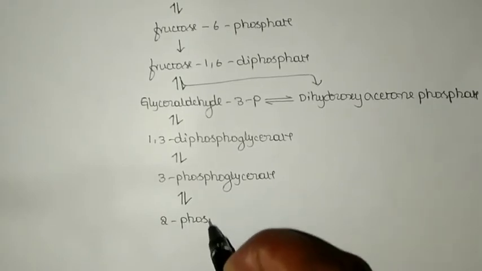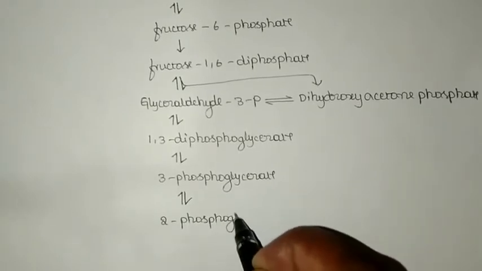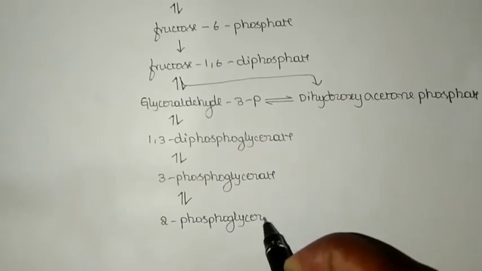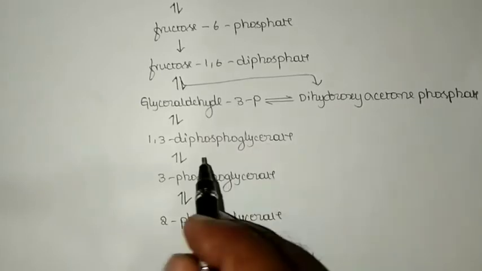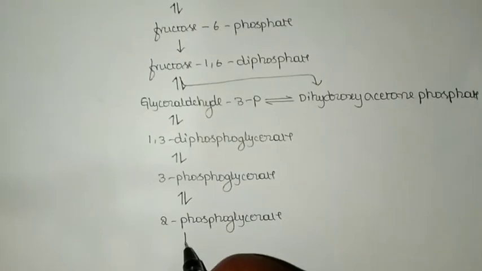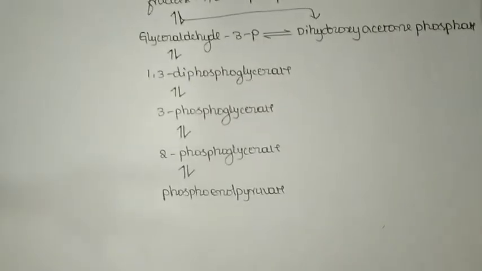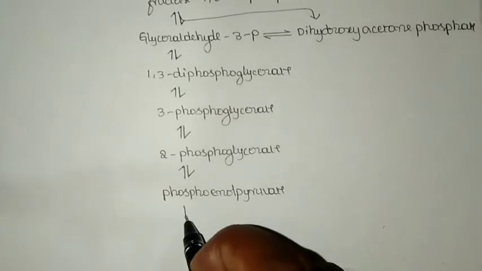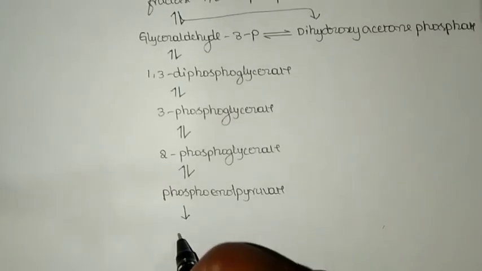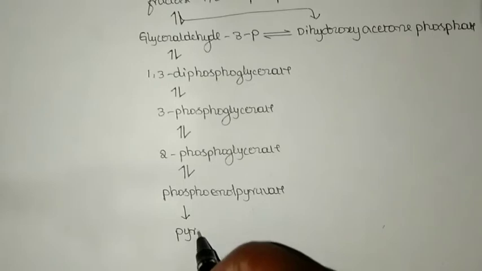So just the position of the phosphate unit will change from third position to second position, and this 2-phosphoglycerate will once again get changed into the penultimate compound called phosphoenol pyruvate. And this phosphoenol pyruvate will finally change into pyruvate.